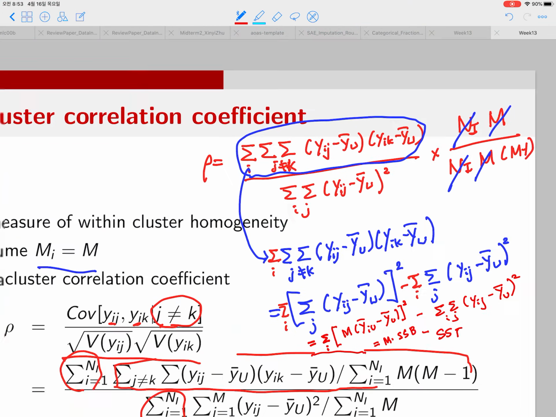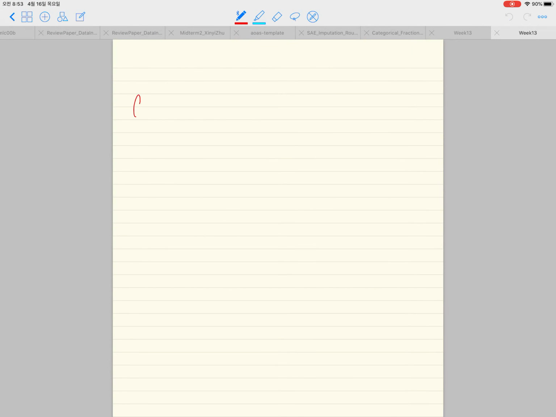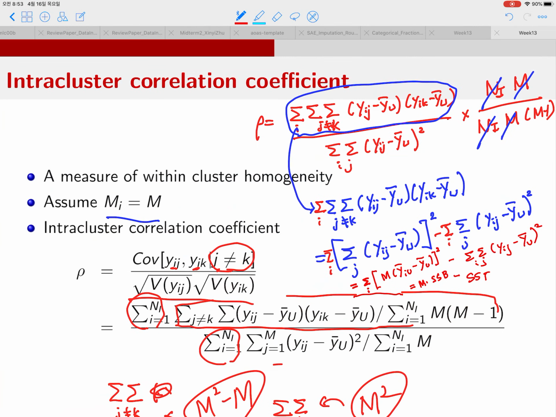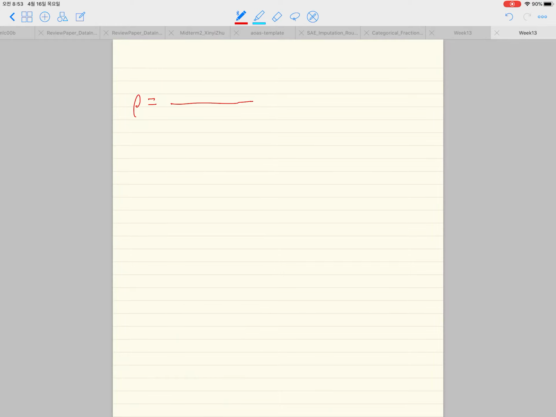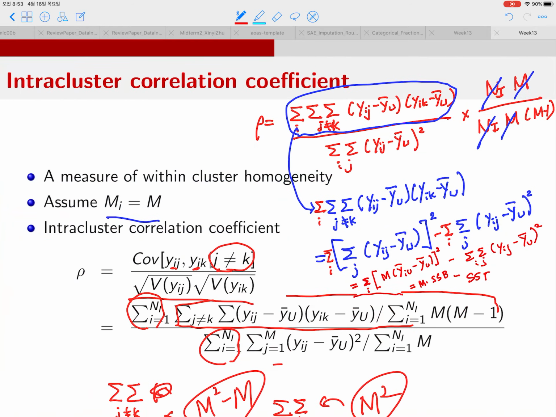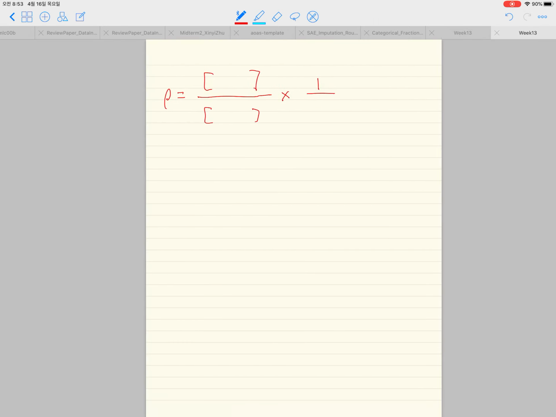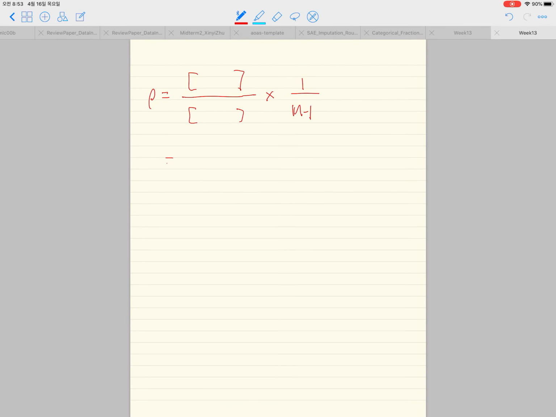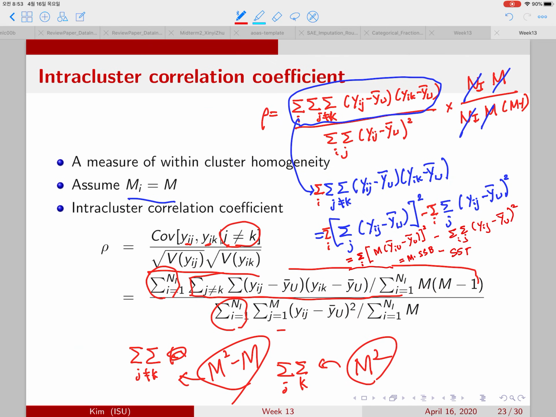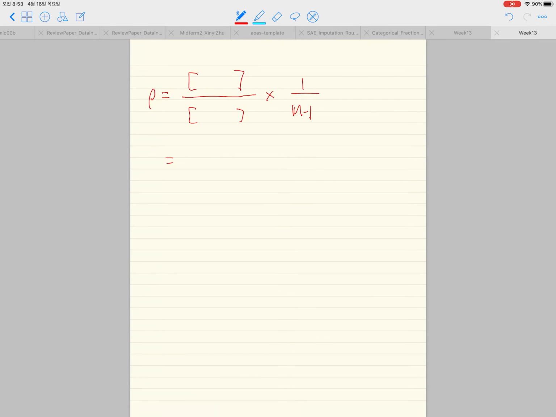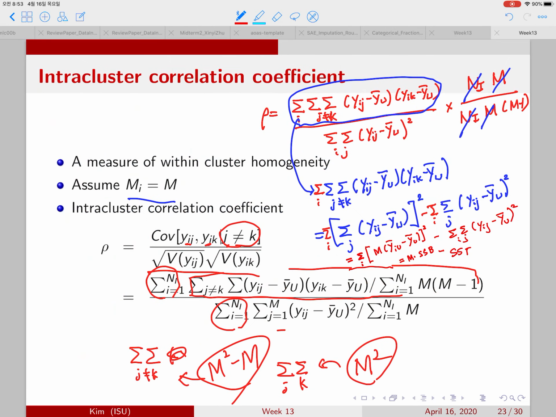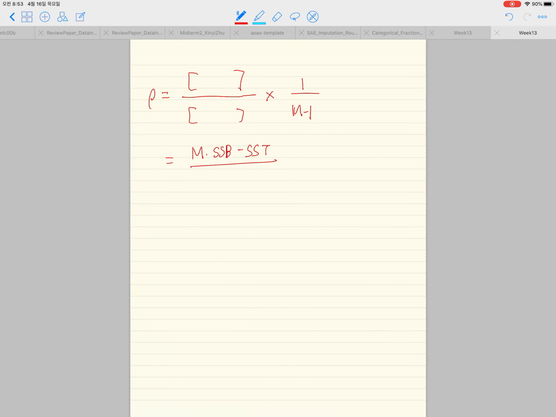Okay, so let's write it here. My point is that you have some term, and then 1 over m minus 1. The numerator here, the first term, is actually m times SSB minus SST. The denominator here is just SST.